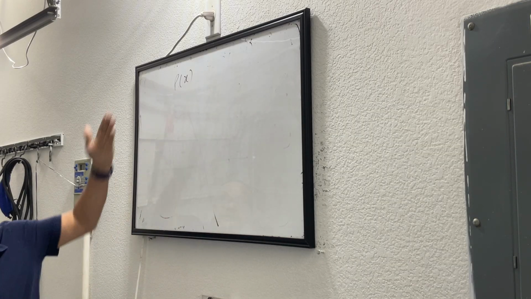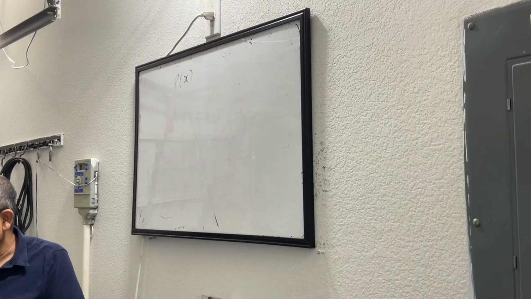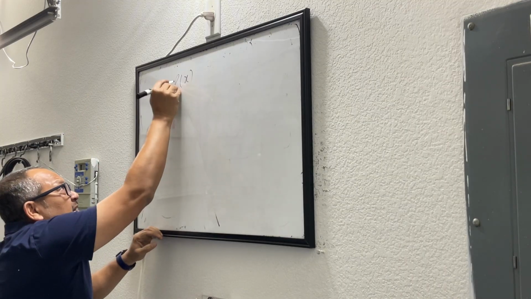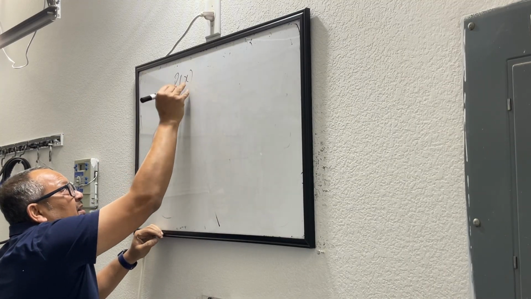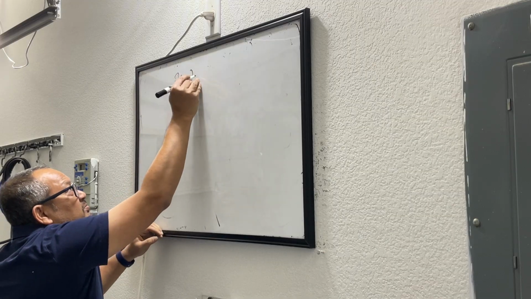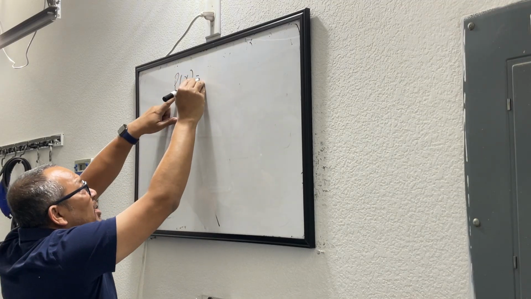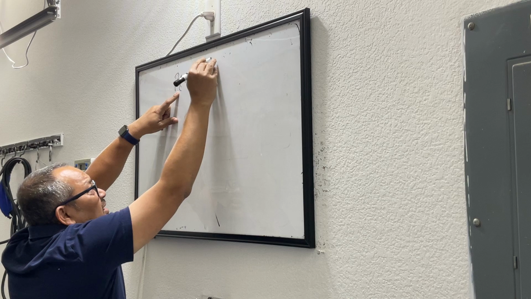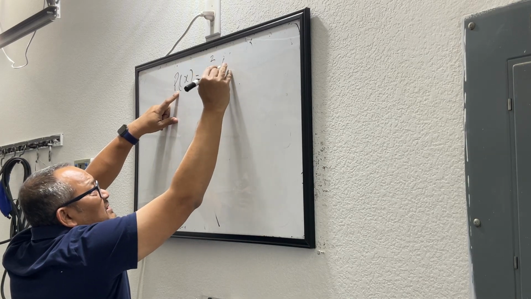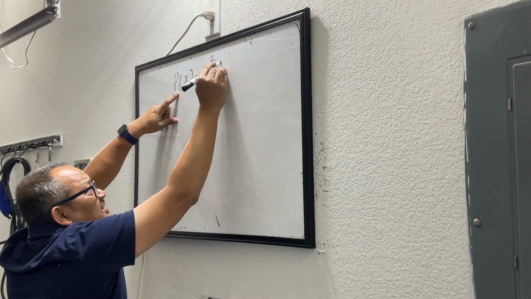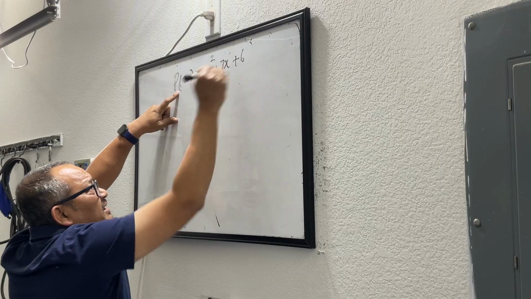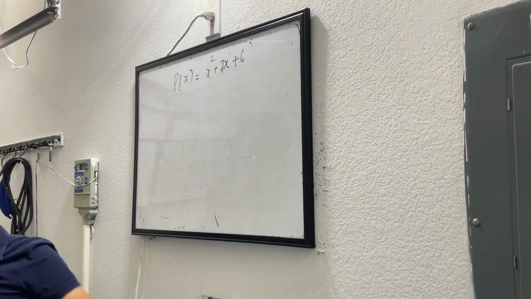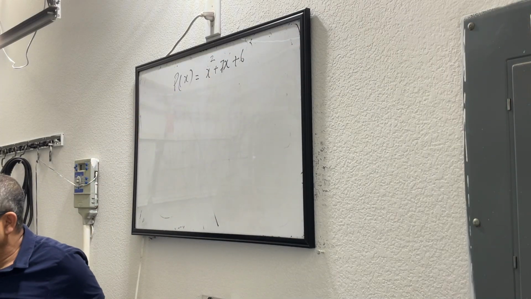I can as well say y equal to something, but I'm saying p because it sounds a familiar letter. A polynomial which is x squared plus 7x plus 6, and we are being asked to find out the zeros of this polynomial.